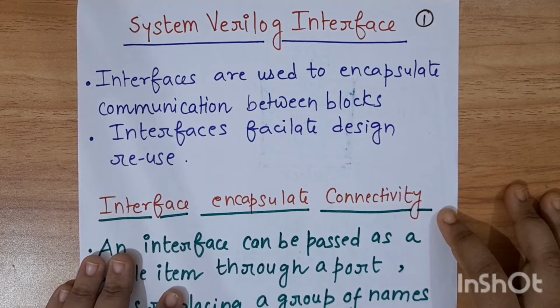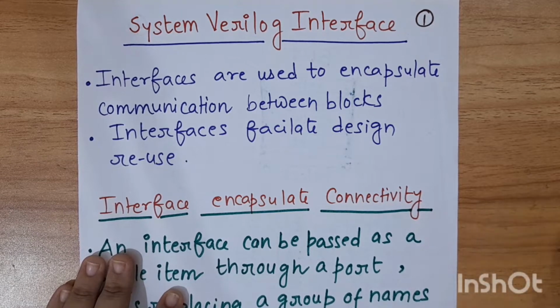So interface is a construct which has been introduced in SystemVerilog in order to encapsulate or group together similar types of signals. It helps to increase the reusability of the verification components used in the testbench, and it helps with the communication of the verification component with the DUT or the design also.